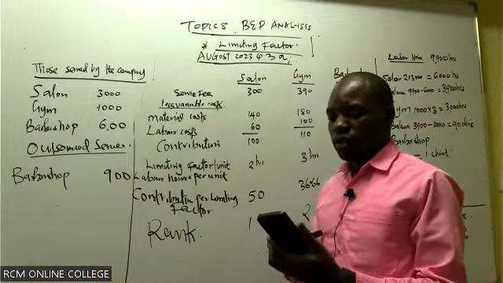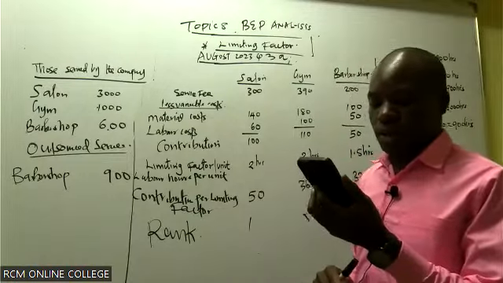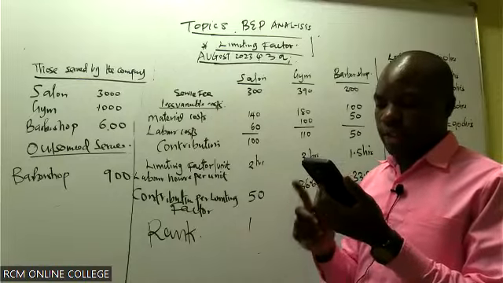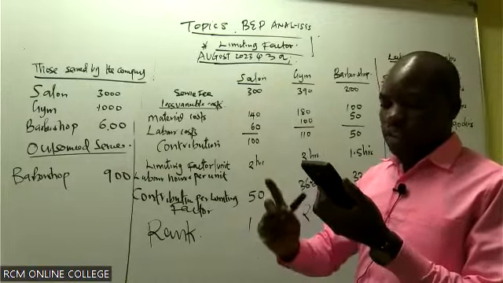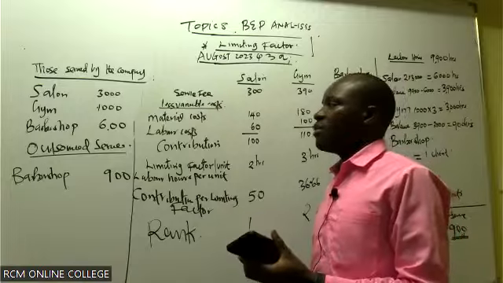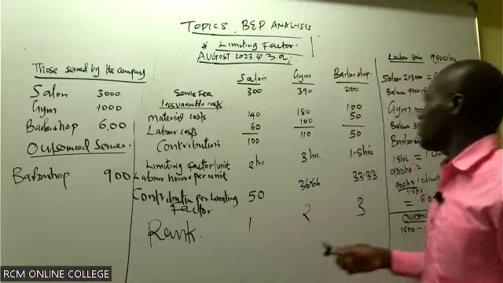So let's read the question and see what they want us to do. Roman 2, prepare the limiting factor mix schedule to show the number of clients per service that maximizes the profitability. The number of clients per service that maximizes profitability. We have finished with this here.